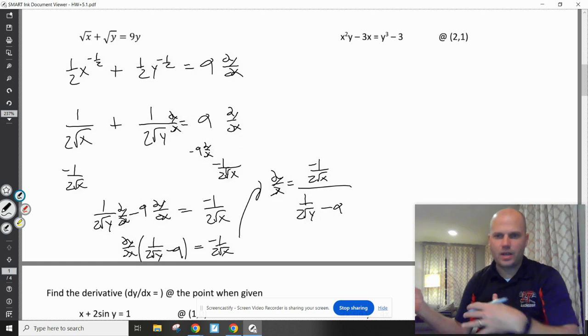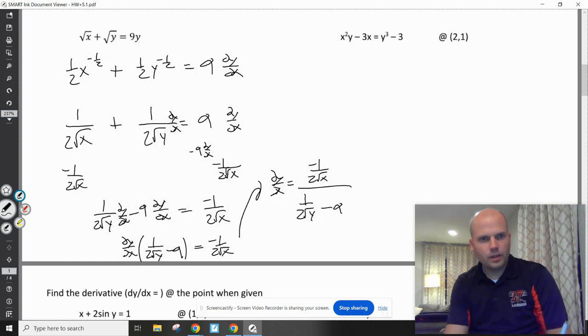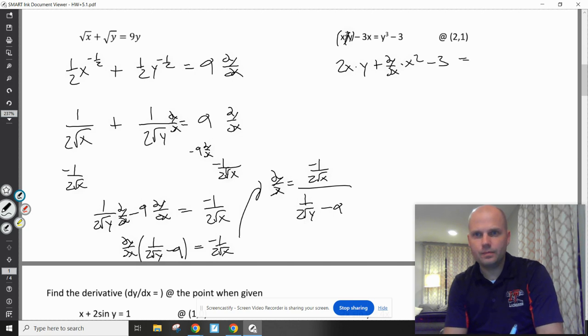Get everything else without a dy/dx onto the other side. Yeah, I feel like I make these too hard. This might be the last year I do this particular homework. This one's not that bad.